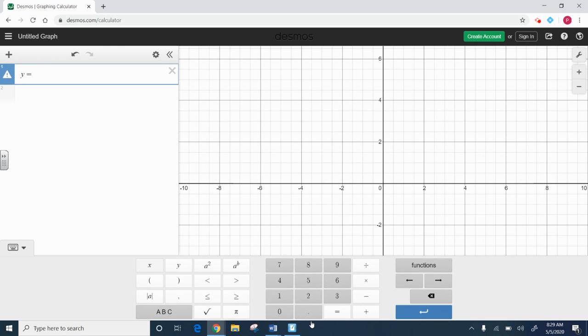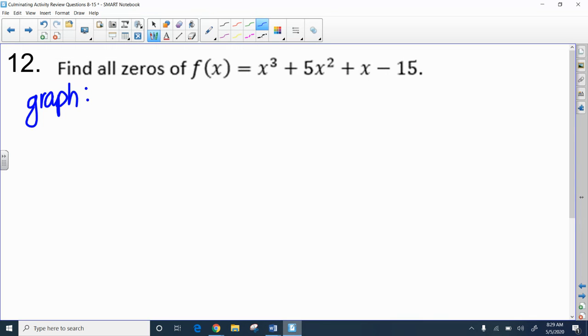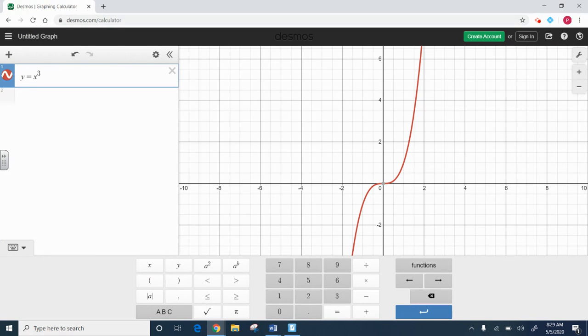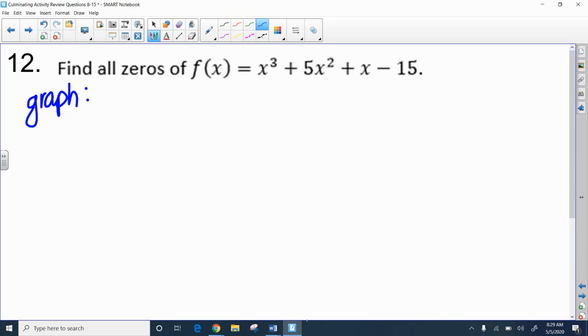So f of x or y equals x to the third power plus 5x squared plus x, and then minus 15.